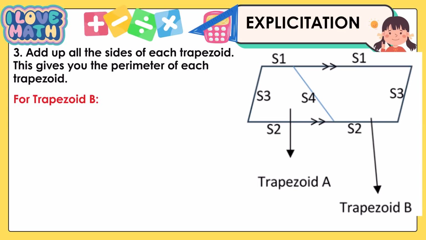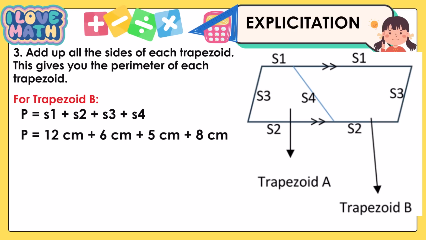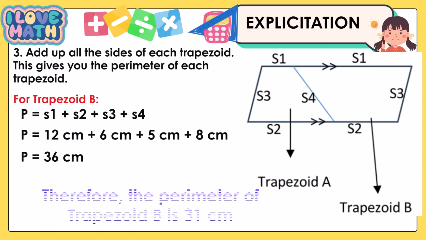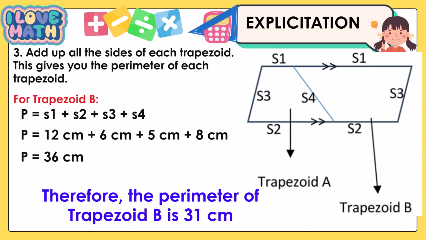For trapezoid B, P equals S1 plus S2 plus S3 plus S4. P equals 12 cm plus 6 cm plus 5 cm plus 8 cm. P equals 36 cm. Therefore, the perimeter of trapezoid B is 31 cm.